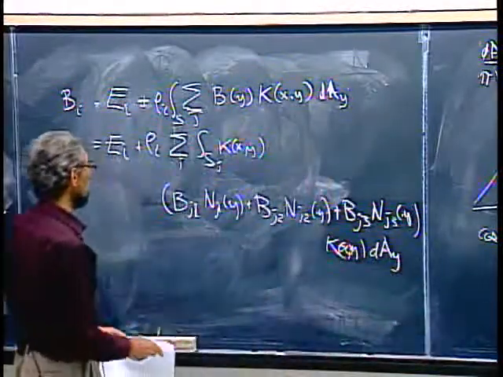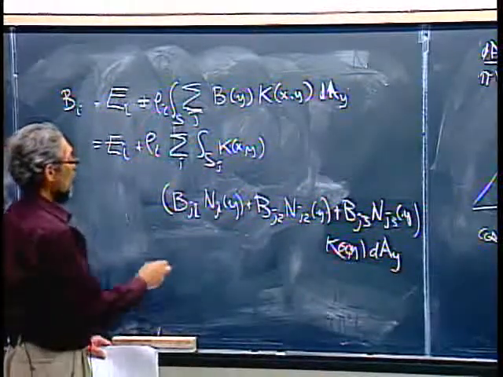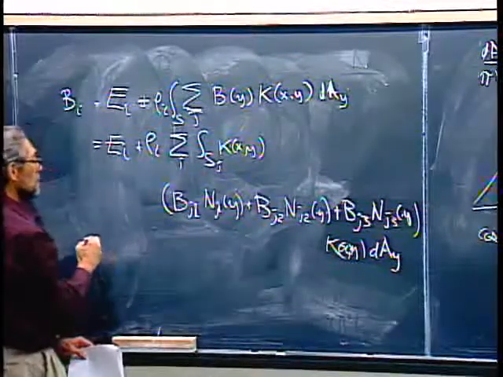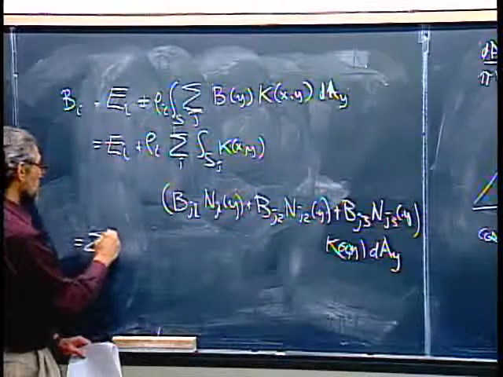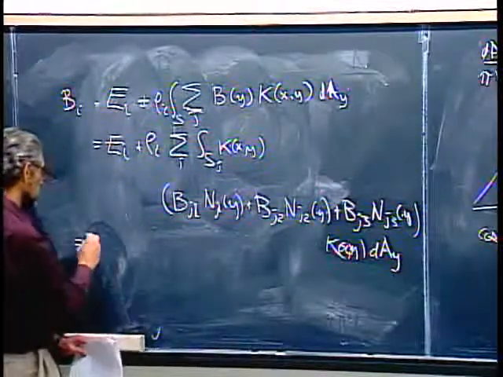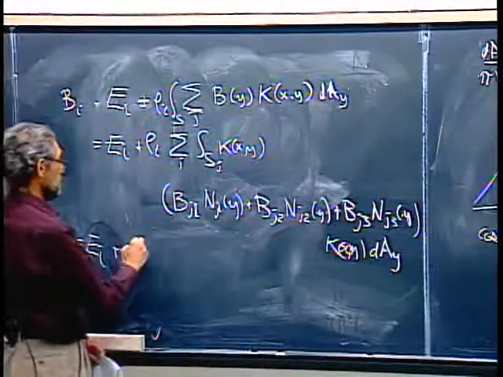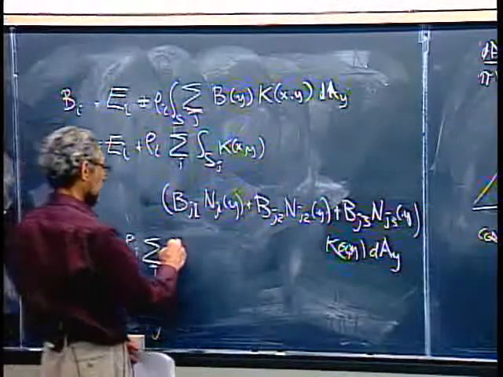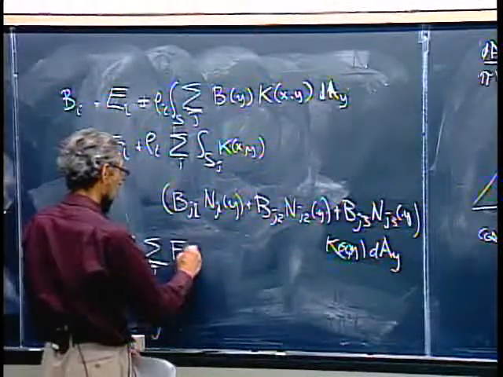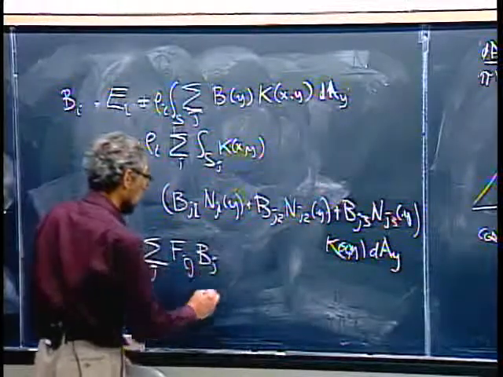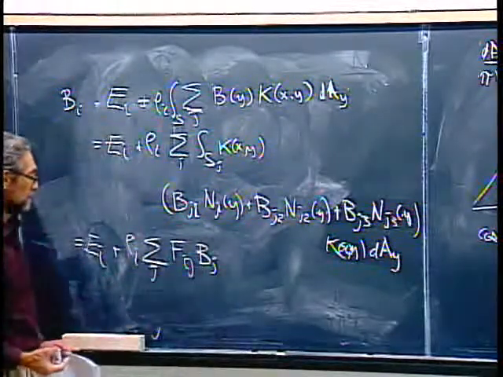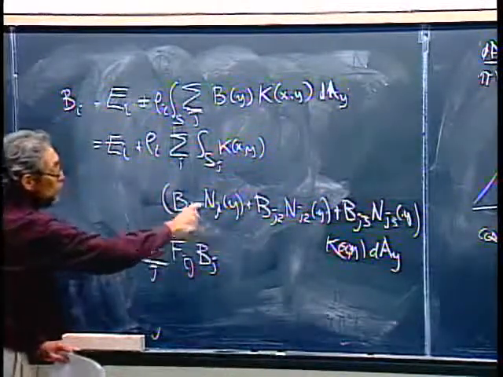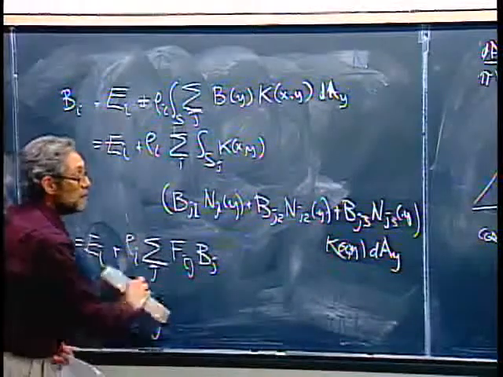So if we represent this as a form factor, we can have vertex-to-vertex form factors. So it's E_i plus rho_i, the sum over vertices j of F_ij times the radiosity at that vertex, where F_ij is now going to be whichever of these terms contribute for that vertex.